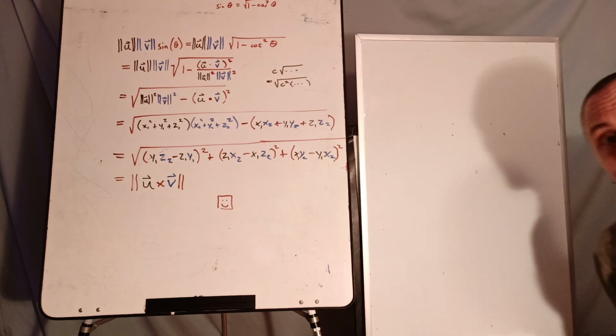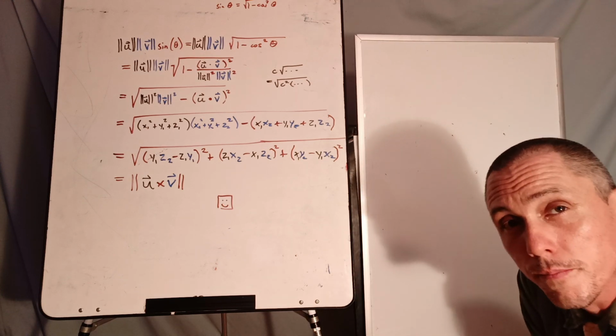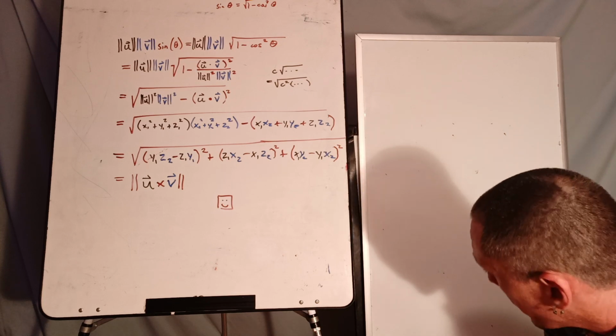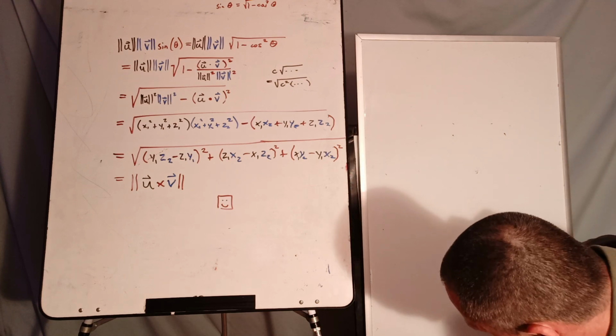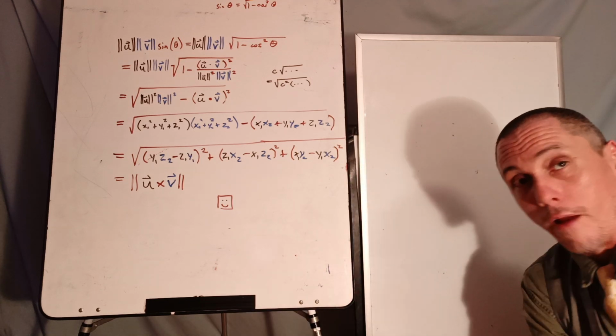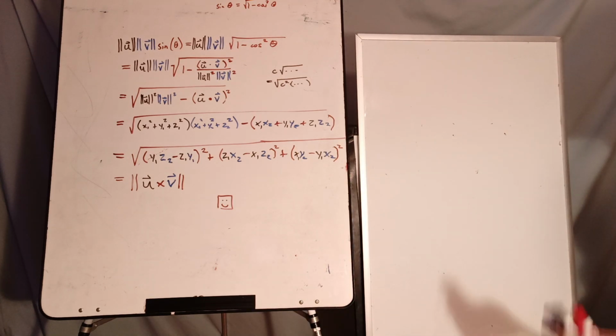Another thing that we would want to know is what direction does it point in, right? I mean, now we have its magnitude. It's in terms of the angle between them and their magnitudes and the sine of the angle between them. Yes, yes. But what direction does it point in? I mean, that's the next thing to figure out. So here's what I can tell you.